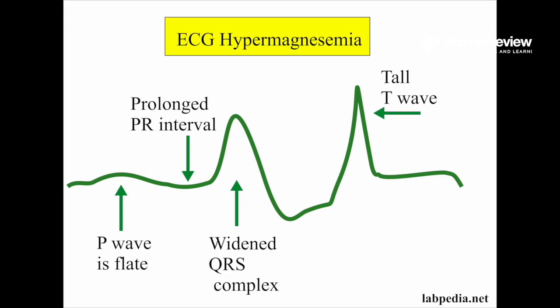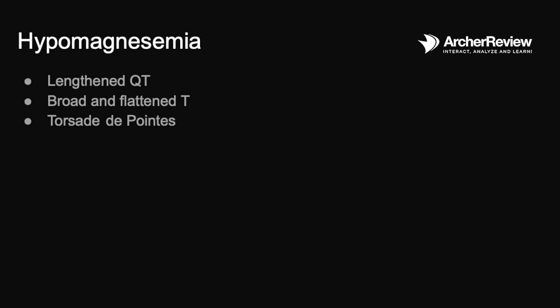Now let's flip to the hypomagnesemia side to finish out our electrolyte abnormalities and EKG changes lecture. All right, hypomagnesemia, not enough magnesium. We start to see a lengthened QT, a broad and flattened T wave instead of that tall T wave that we saw with hypermagnesemia.